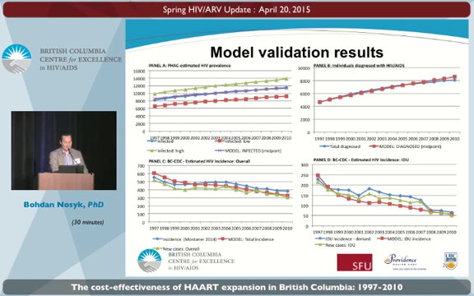The model trend is in red, and the PHAC estimate is in blue. We are able to simulate incidence within each of the risk groups to a very specific level. These are 4 of, I believe, 10 different levels at which we validated our model. So we were basically able to replicate the HIV/AIDS epidemic to a very specific level.